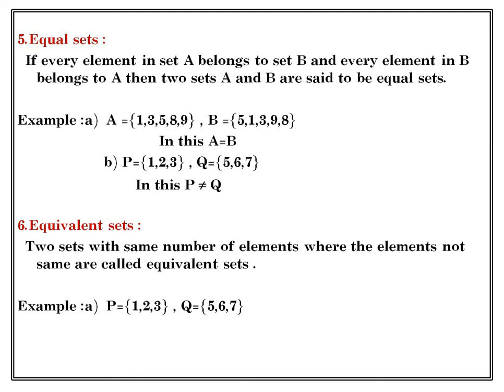We have taken the above example. In this, we have 3 elements here and 3 elements here, but they are not the same. But as they have an equal number of elements, these two sets are called equivalent sets. So for equivalent, the symbol we use is a double-arrowed line.